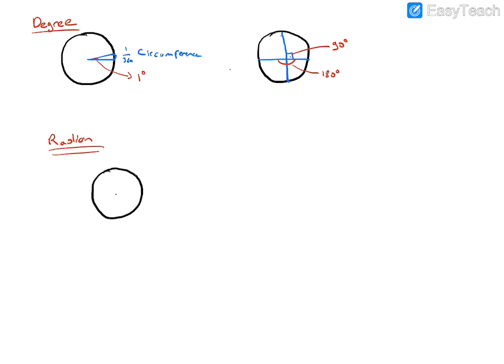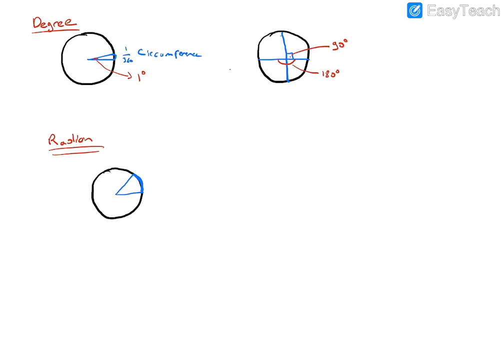A central angle subtended by an arc of length equal to the radius r of a circle is said to have a radian measure of 1, for the unit circle or any circle.